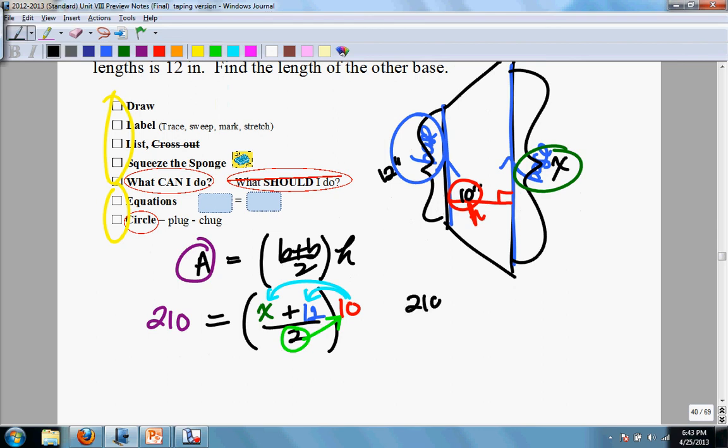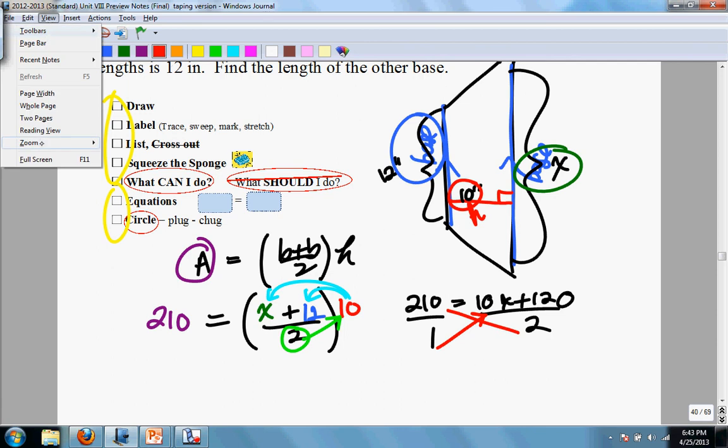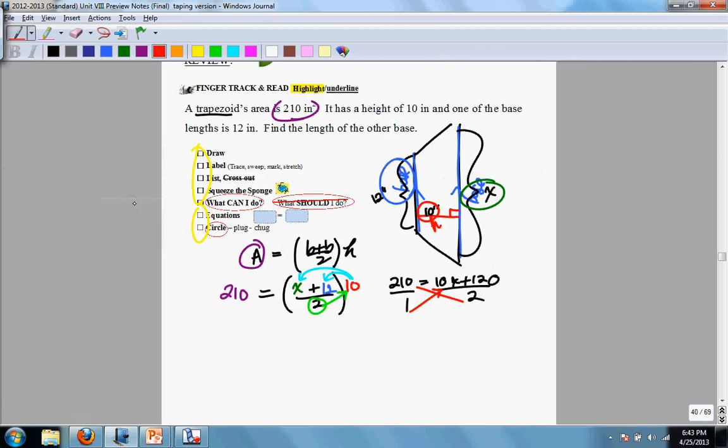So we have 210 equals 10x plus 120 over 2. That's 10 times x and 10 times 12. Now, I have a fraction, so I'm going to cross multiply. And we're going to end up with 420 equals 10x plus 120.